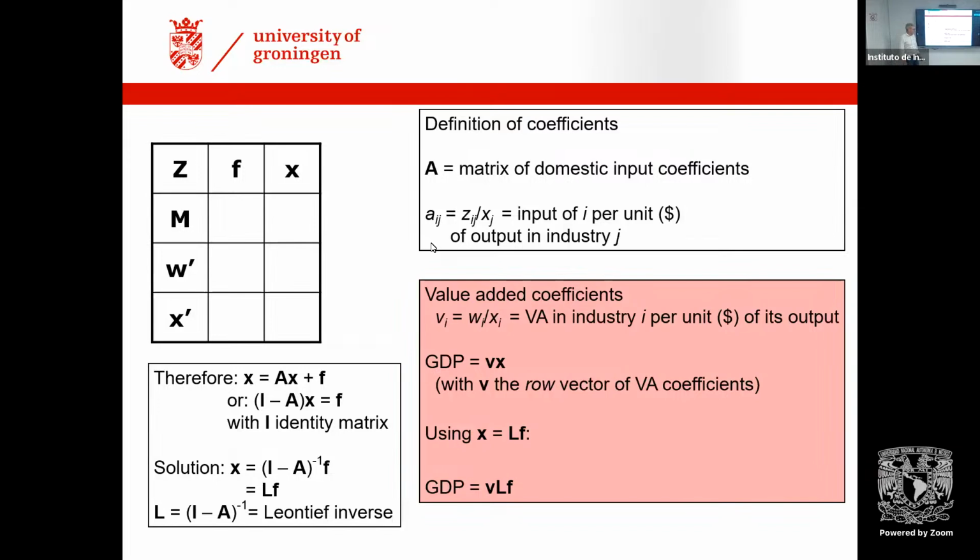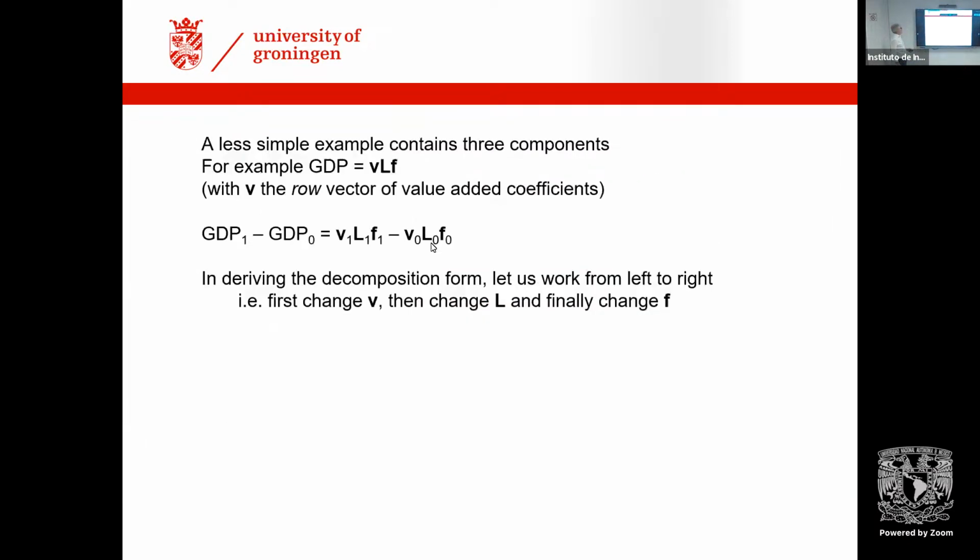Now we're going to look at the growth in GDP, the change in GDP, and we ask ourselves how much of the change in GDP is due to changes in value-added coefficients, changes in Leontief inverse, and changes in final demands. GDP period 1 minus period 0 is VLF period 1 minus VLF period 0.